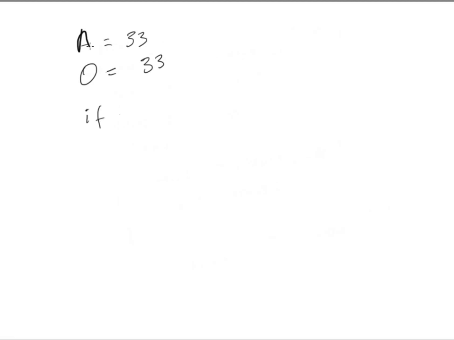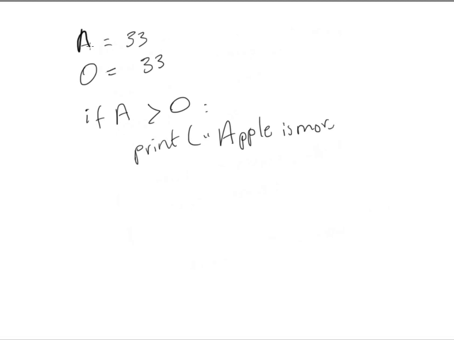So if a is greater than orange, then we're going to have right here something like, hey, apple is more than orange. So that's what this thing does.